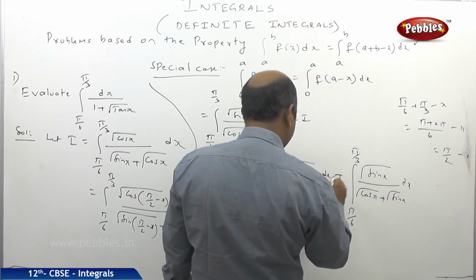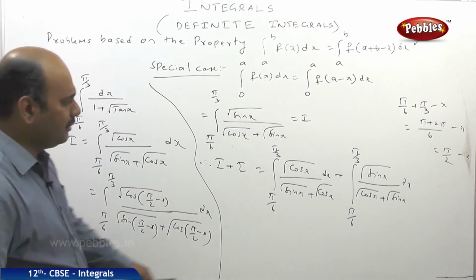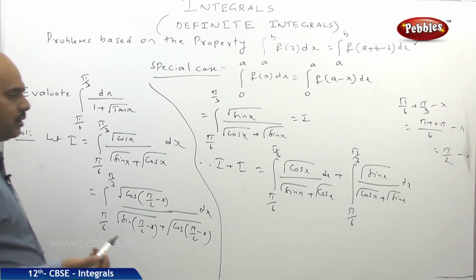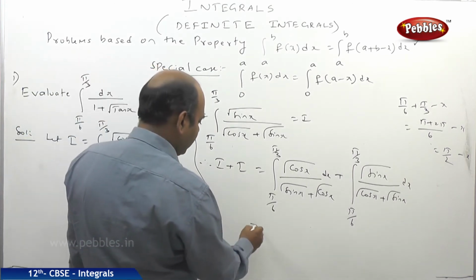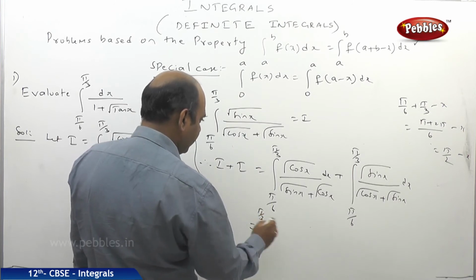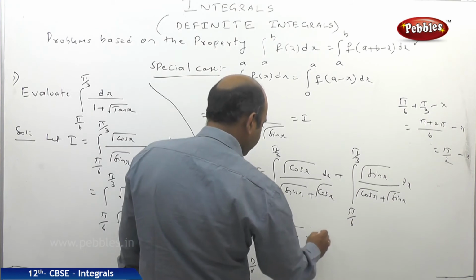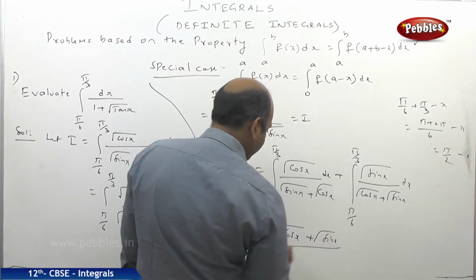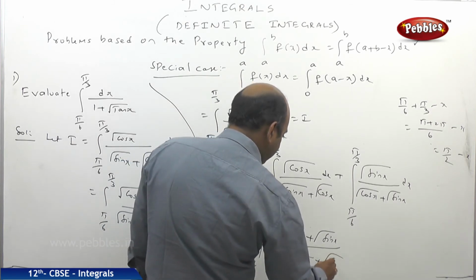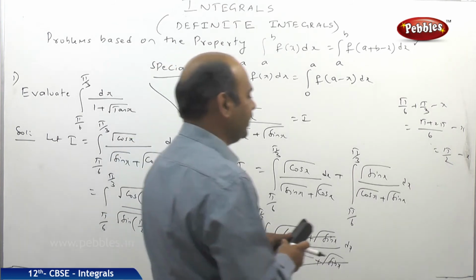Another I I will take as pi by 6 to pi by 3 root of sin x divided by root of cos x plus root of sin x dx. dx is there, it is clearly understood. If I take the integral common, our LCM will be root of sin x plus root of cos x. So finally what happens? Integral of pi by 6 to pi by 3, there remains under root of cos x plus under root of sin x over under root of cos x plus under root of sin x dx.